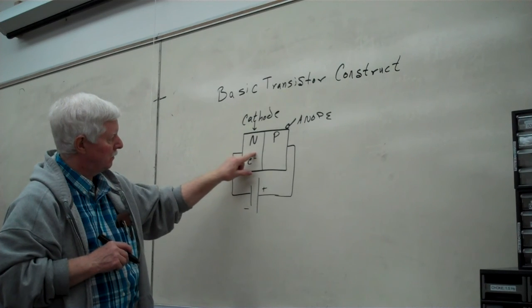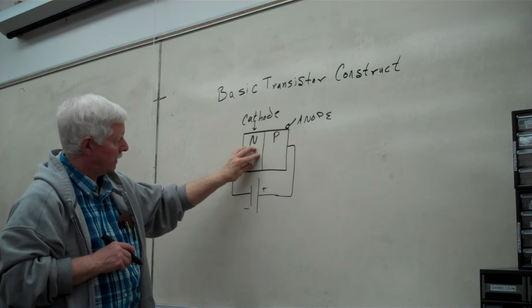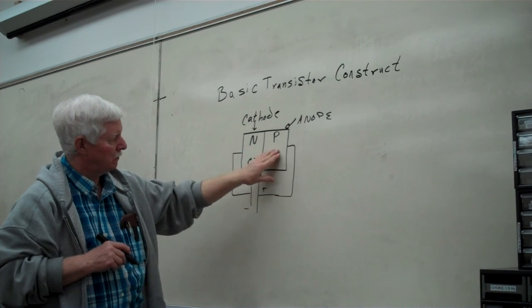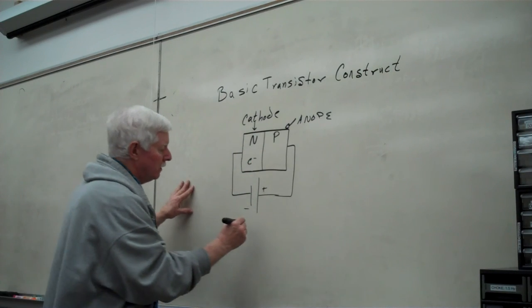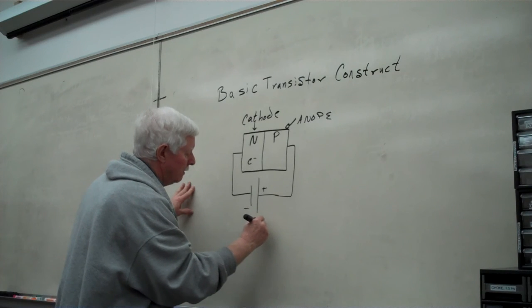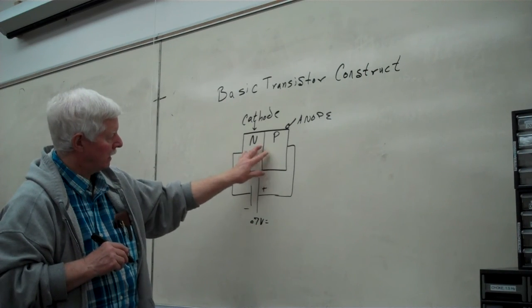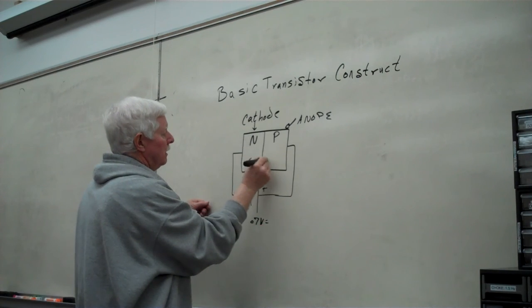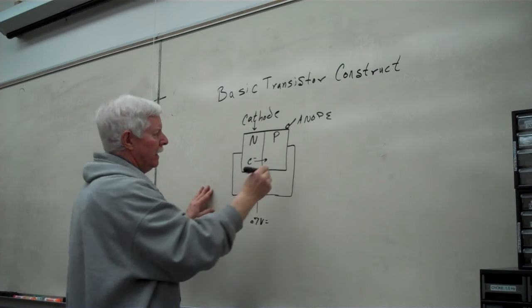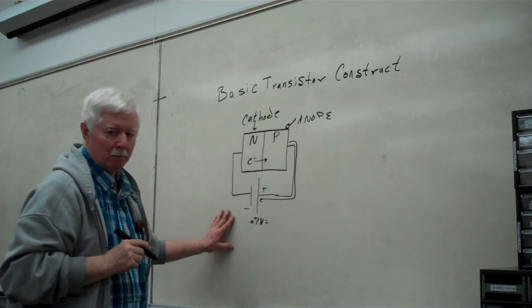It goes through the N-type material, which has lots of electrons, and then through the P-type material, because as soon as we have 0.7 volts, the barrier potential to make this conduct is overcome at this point. So the electrons flow in through the anode, and they flow around as free electrons back to the positive terminal of the battery.